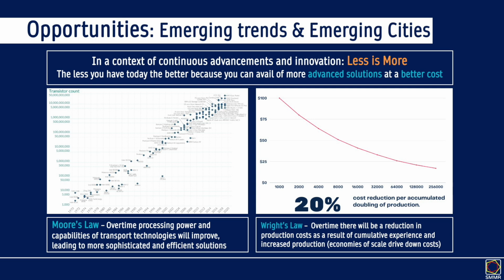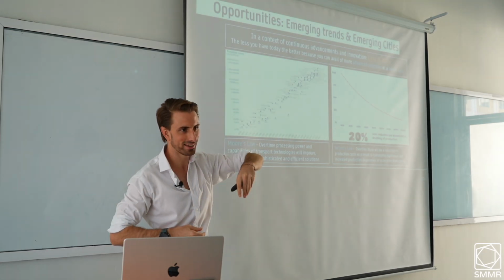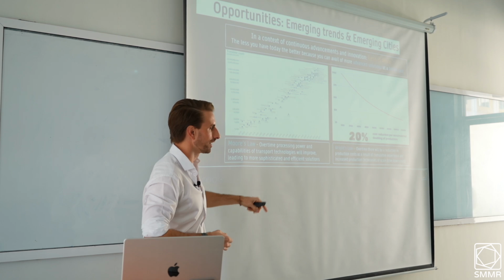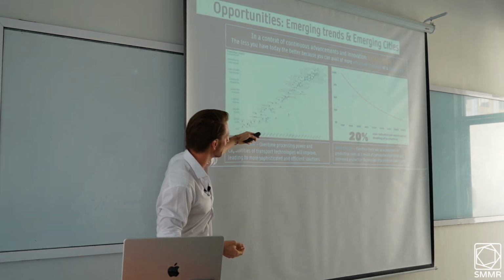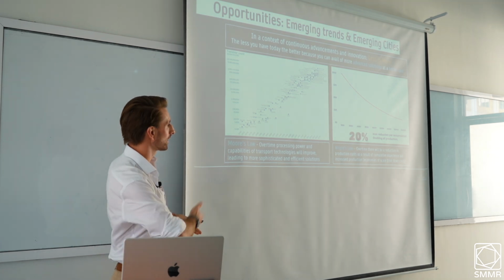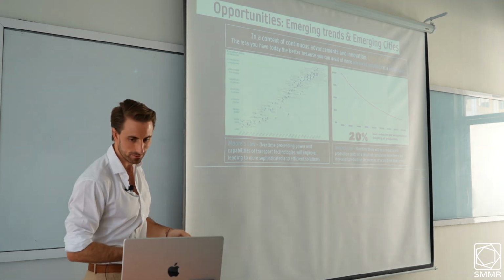So these are general rules, but basically in Phnom Penh, if you want to get new technology, you can get more advanced solutions today at a much better cost. And so you can develop a very technologically advanced city and set of transport systems and subsystems.